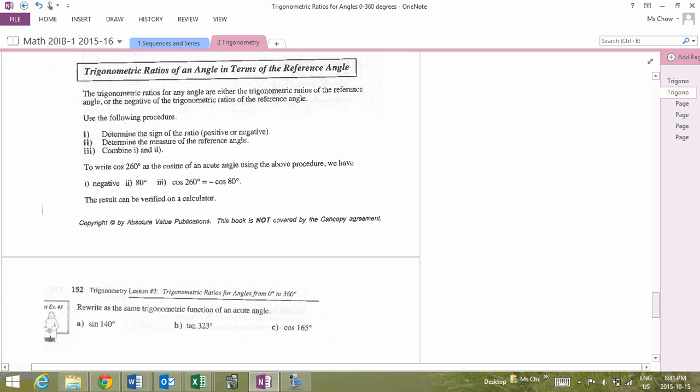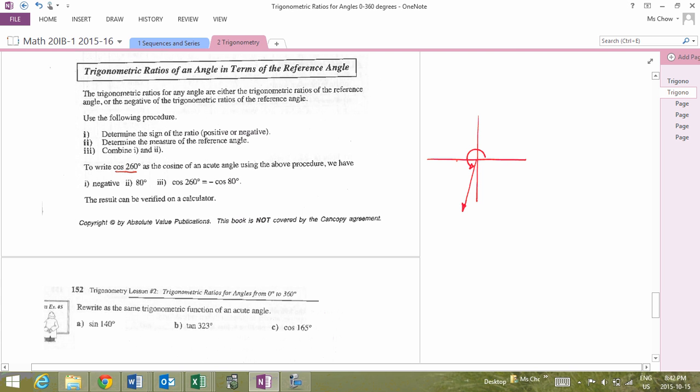So this next section is just taking a look at recognizing what those reference angles are and making an equivalent. If we have cosine of 260 degrees, again, we sketch that out. Where's the reference angle going to be? This is 270 degrees, so 260 degrees is going to be right about here. That is my angle theta.